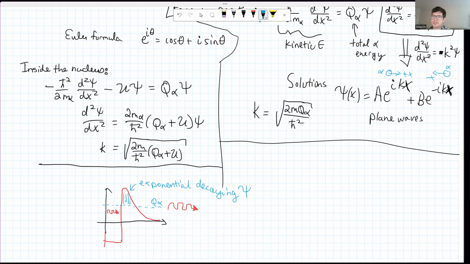And it should make sense. Remember when we looked at this kind of potential, we looked at one where basically it was the nucleus and then it shot up to infinity. This is for the potential, and this is V. This is what we looked at, a simplification of the nuclear potential.